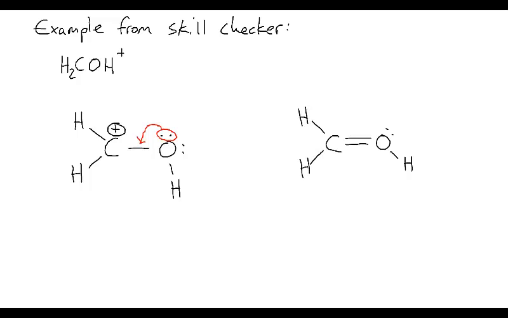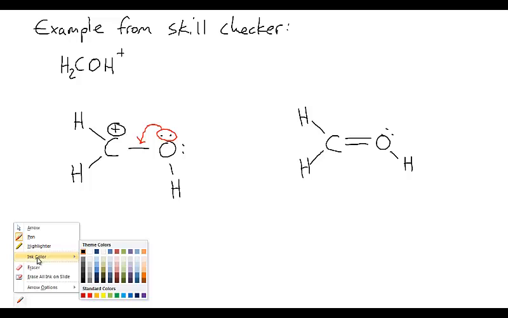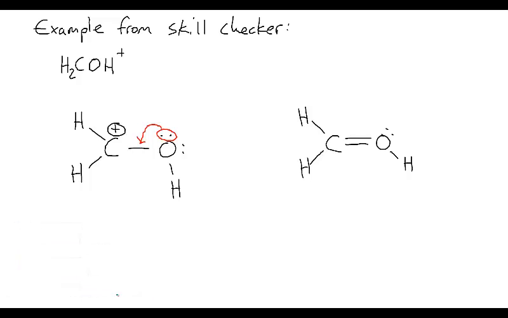And by sharing them, carbon's now going to have 2, 4, 6, 8 electrons around it. So carbon follows the octet rule. Oxygen still follows the octet rule. So actually, I'm going to draw in numbers to count the electrons. So for carbon, it's got 2, 4, 6, 8 electrons. 4 pairs of electrons around it for the octet rule.